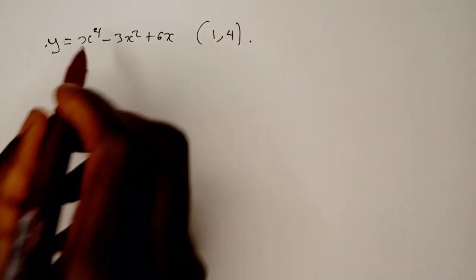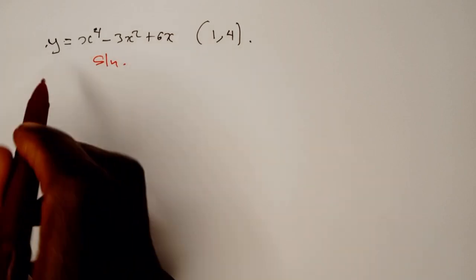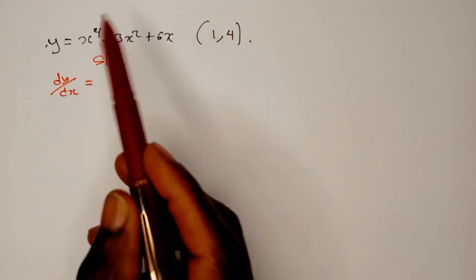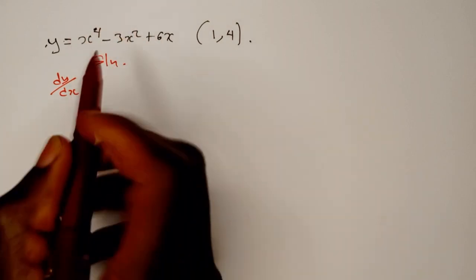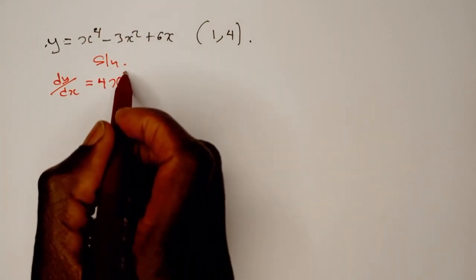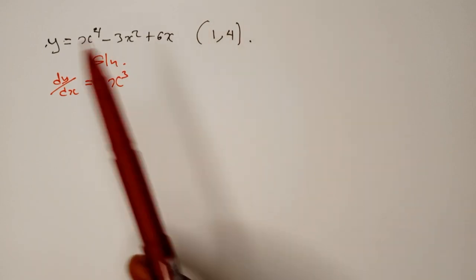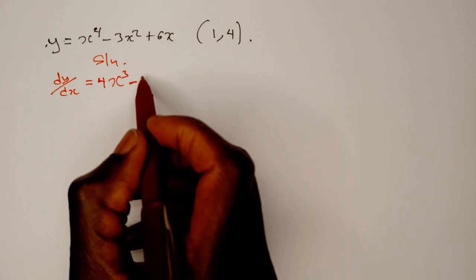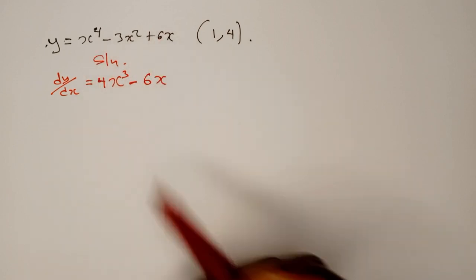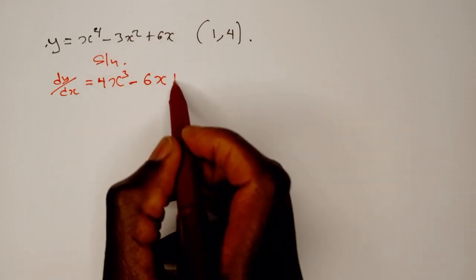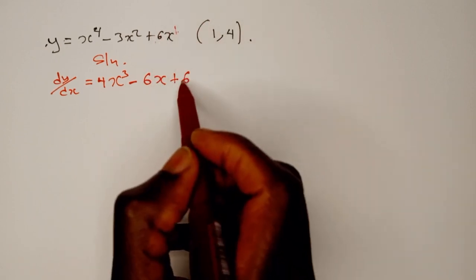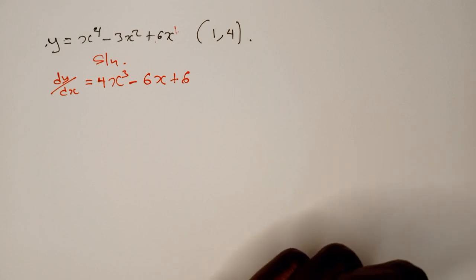So again, what we do, we just differentiate, our dy/dx will be 4 multiplied by 1, so this will be 4x raised to 3. By now I hope you know what we are doing. Then minus, this one will be 2 times 3, this will be 6x, we minus 1 from that power, then plus, this will be like x raised to 1 here again, 1 times 6 is 6, so you minus 1 and you remain with that as your gradient function.